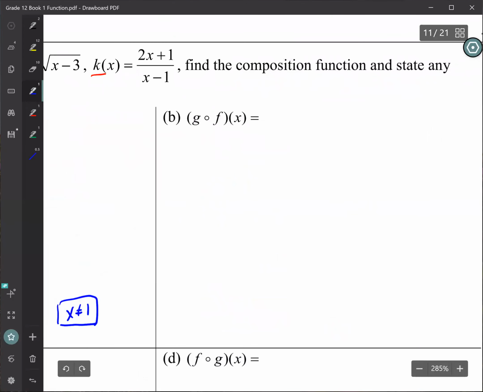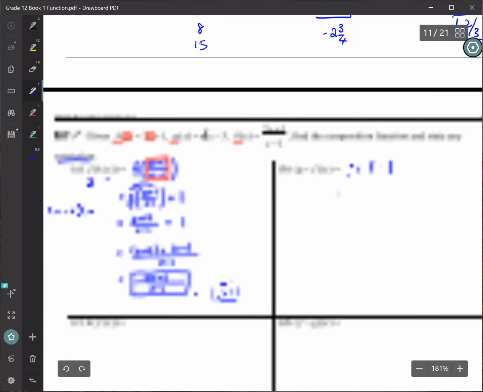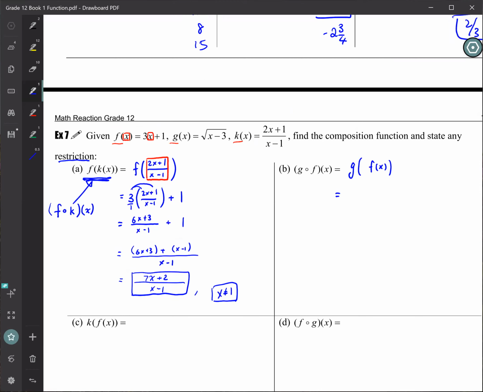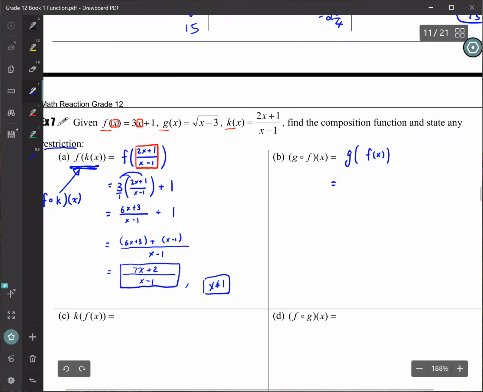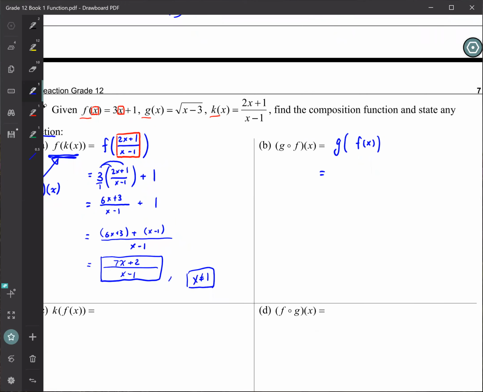So for example, like question B, how do I rewrite it? Tiana, how do we rewrite this one? g bracket f bracket x bracket bracket. Yes, very good. So it will be g of f of x. I'll let you finish this as well. Think about which one goes inside and which one goes outside, and then make sure you simplify it. If you know how to write the restriction, write this one out too.